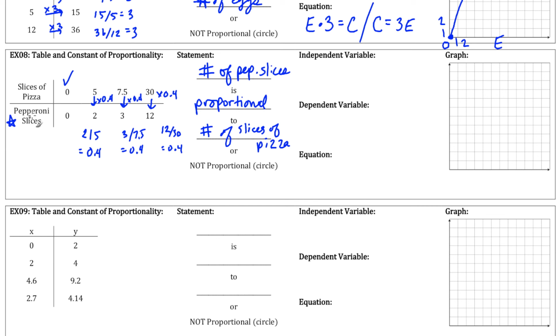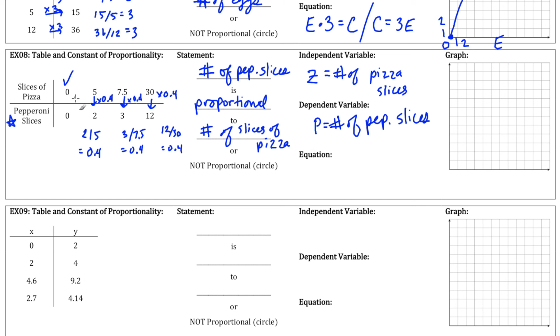Okay, so remember this is the one we also care about right now, so I guess we'll use P for pepperoni slices. So number of pep slices. And that will be dependent on the number of slices of pizza. So we'll put Z for pizza. Number of pizza slices. Okay, equation.